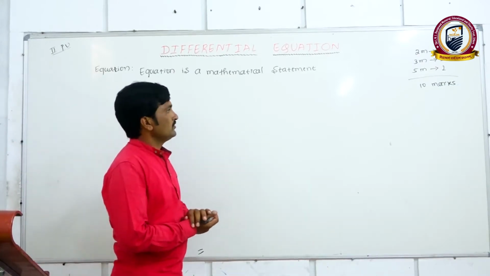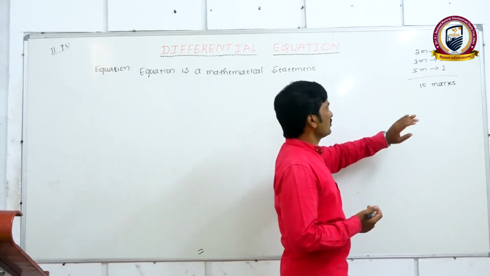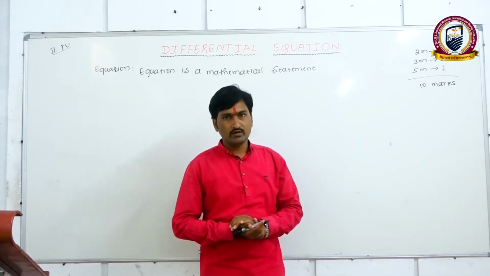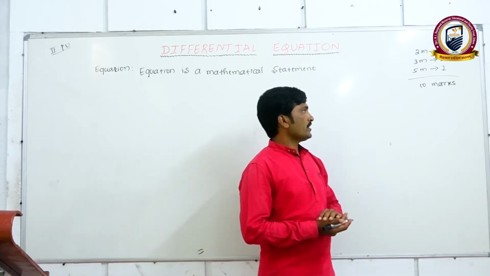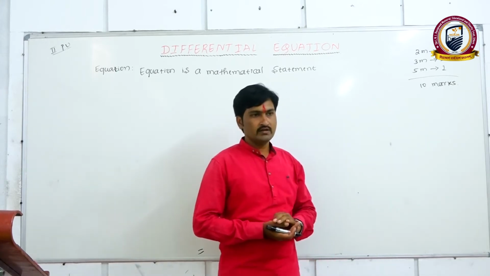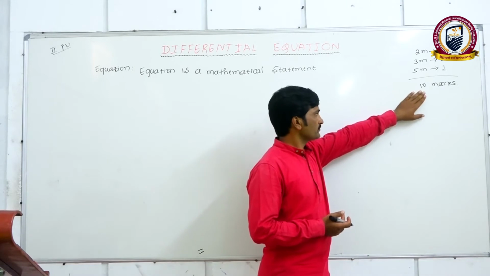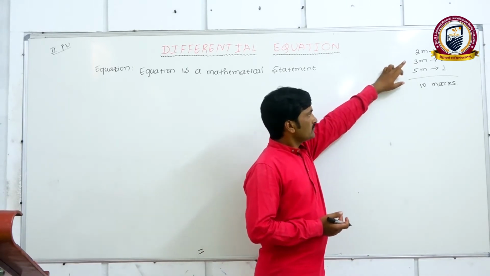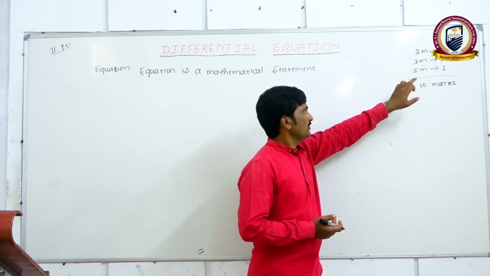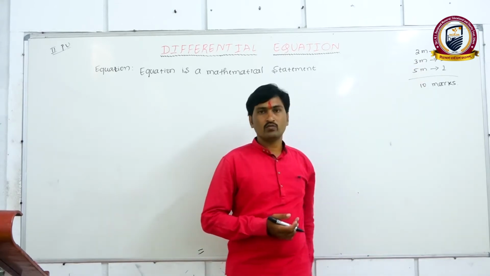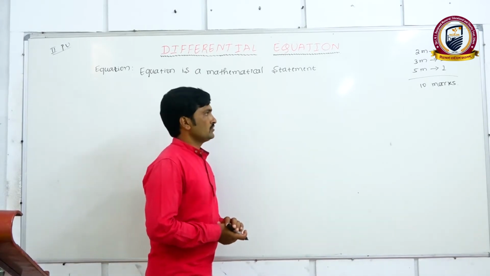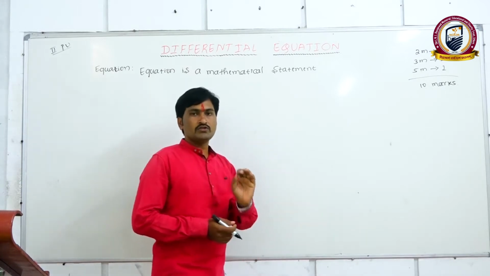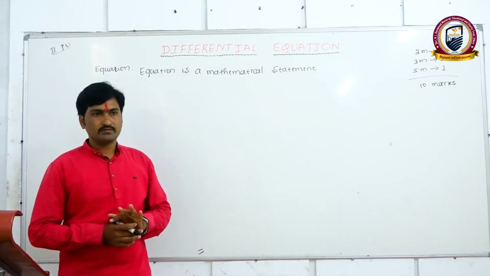It has totally 10 marks as per the previous blueprint and question paper pattern. 2 mark, 1 question, 3 mark, 1 question, and 5 mark, 1 question. So totally 10 marks. Here, there is no 1 mark question.